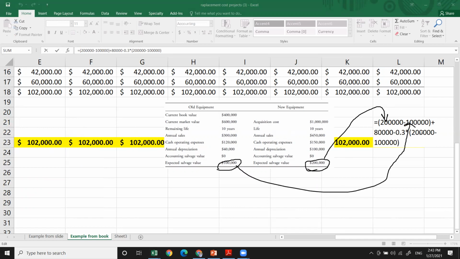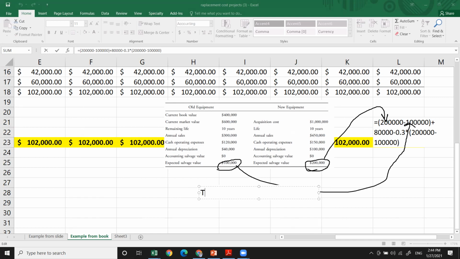100,000, tax rate, and the issue in here: 200,000 minus 100,000. The book value at the end of the year will be equal to 0 in both projects, because they're both straight line depreciation. So if you apply the formula of replacement cost, you should get it this way. Let me just type it.